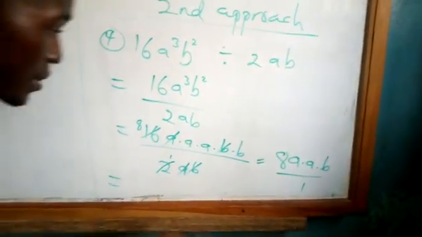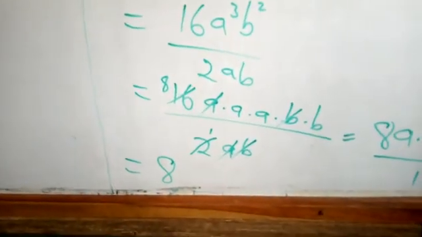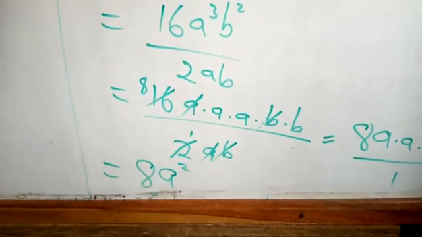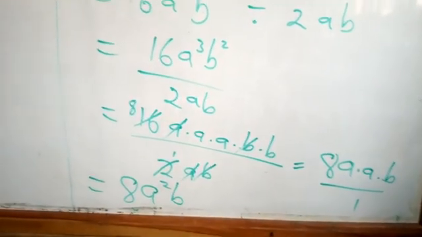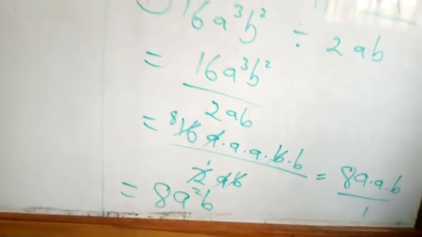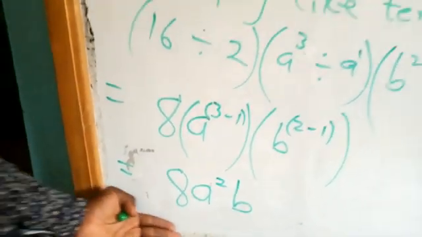That is, our final answer becomes 8a power 2. That's a repeating twice, that's a squared, and then b is 1.